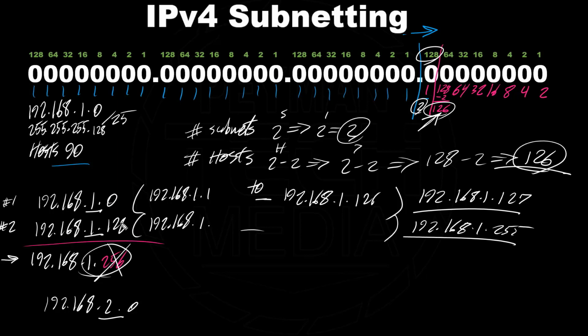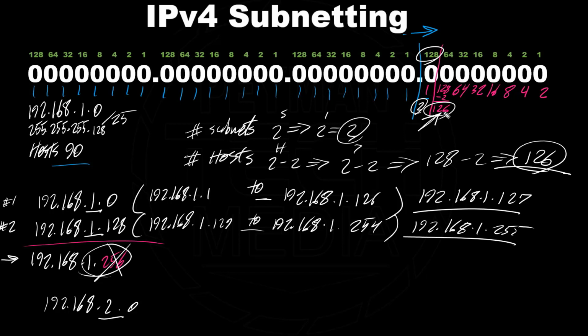So one IP address above this network address is the first available IP address, which is 129. And it goes to 192.168.1.254, one less IP address than our broadcast. So 1.129 to 1.254, that's a total of 126 IP addresses.